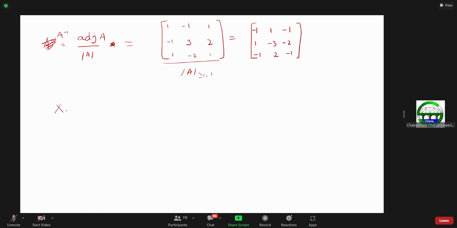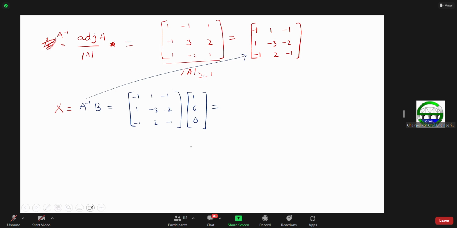So X is equals to A inverse into B. We have A inverse in here, multiplied by B. What was the value of B? 1, 6, 6. Okay, so let's multiply this one.